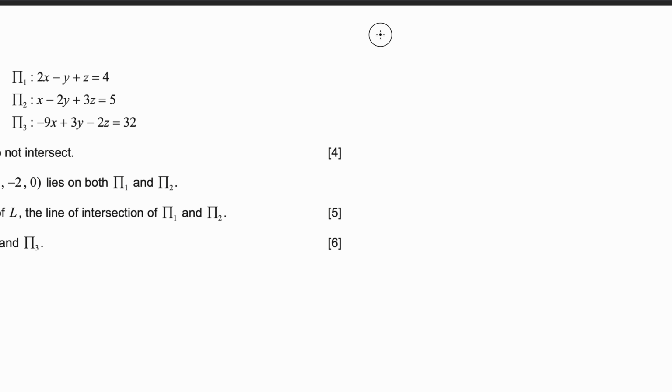First I'm going to use the first and second equation. 2x minus y plus z equal to 4. I'm going to get rid of the x: negative 2x, multiply that by negative 2.